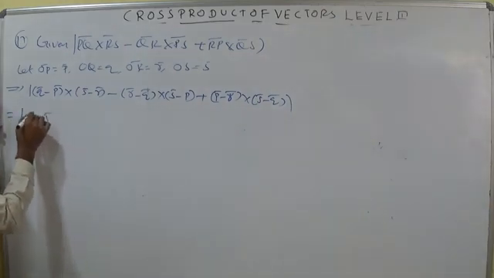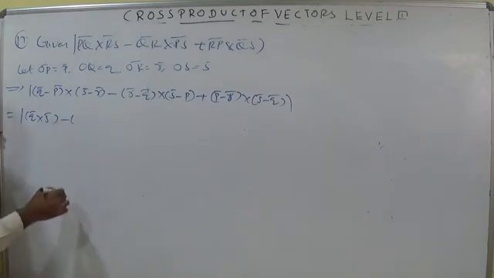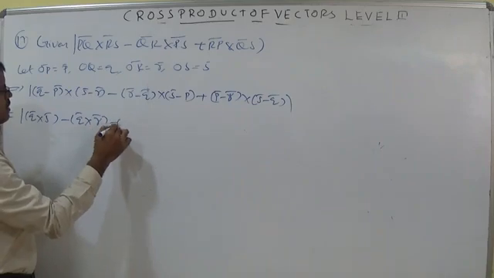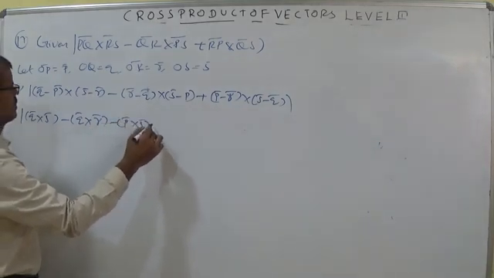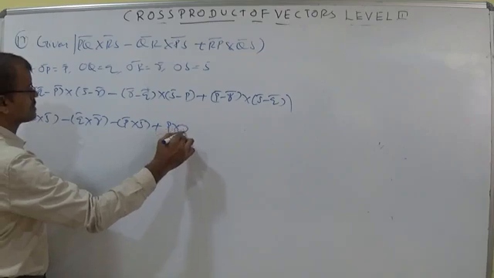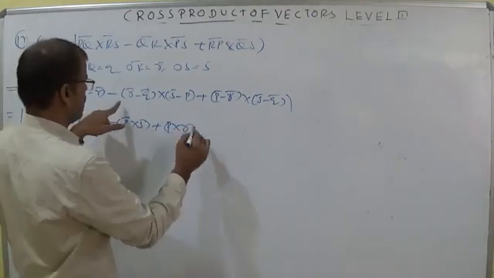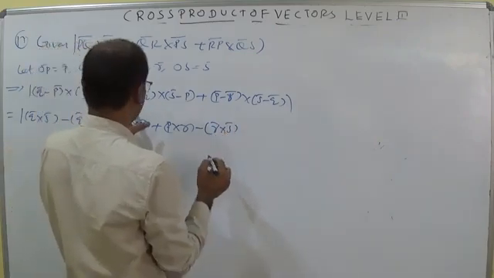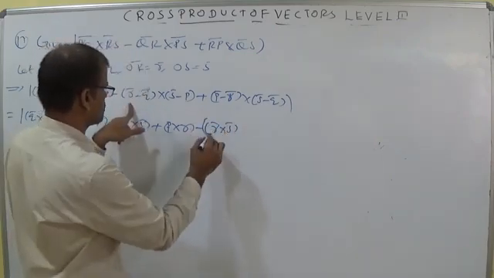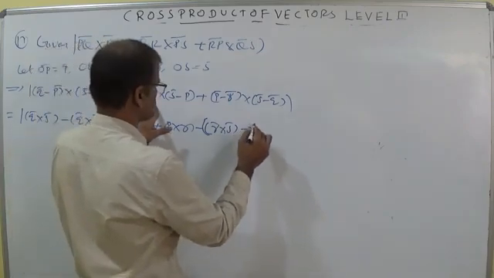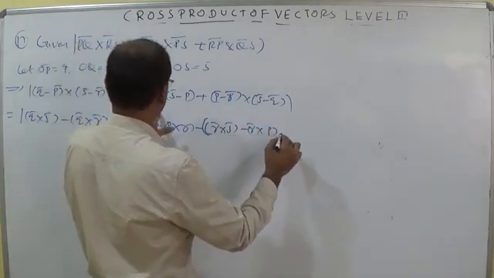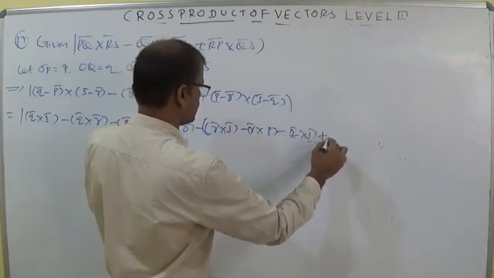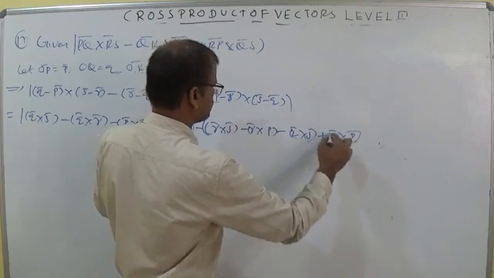Q cross S minus Q cross R, minus P cross S minus of minus P cross R, minus of R cross S minus R cross P, minus Q cross S, and minus of minus becomes Q cross P.